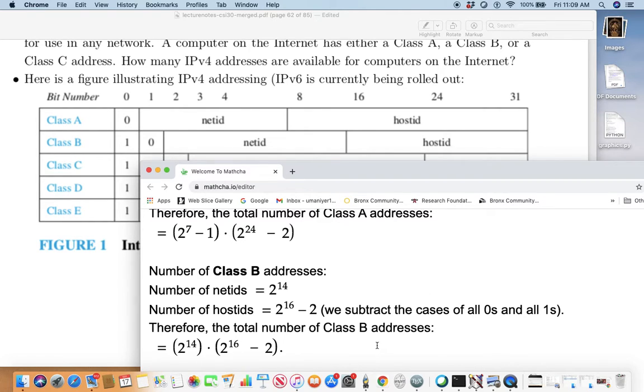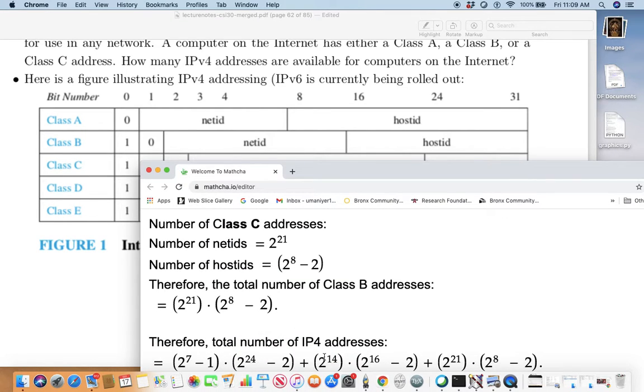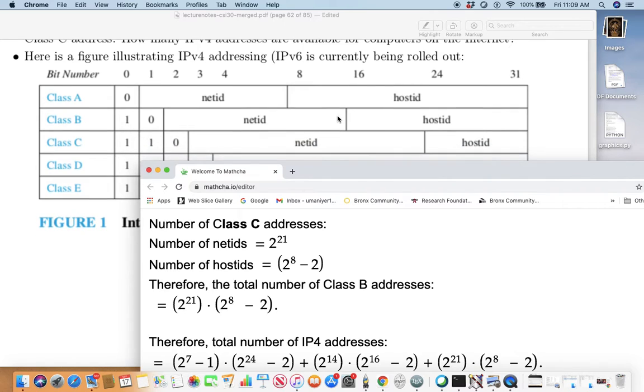Total number of Class B addresses is 2 to the 14 times 2 to the 16 minus 2. Lastly, Class C. There are 21 locations here for the net ID, 2 to the 21, and 8 locations for the host ID, and remove the 2 corresponding to all zeros or all ones. So this times this is the total number of Class C addresses.